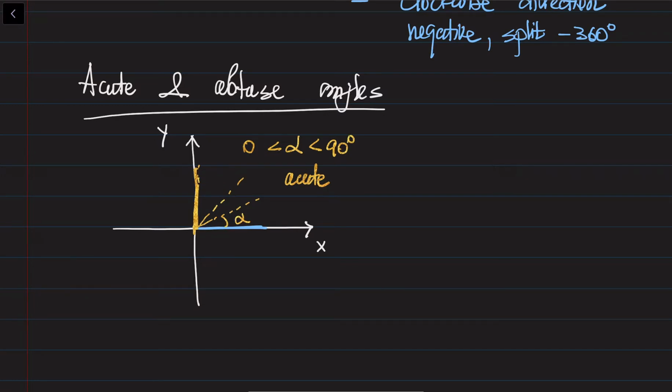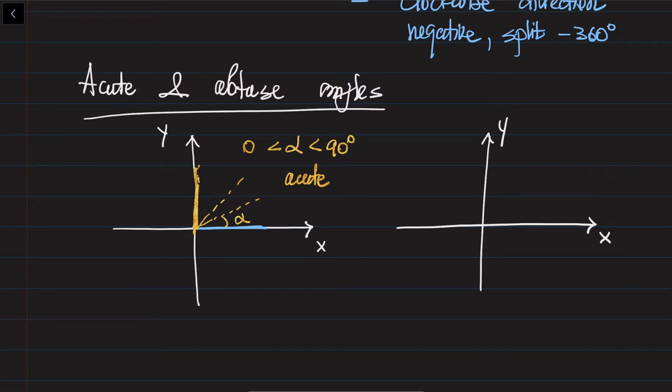And whenever the angle is beyond 90 degrees, so between 90 and 180 degrees, that angle is going to be called an obtuse angle. Later on, when we talk about the trigonometric functions, it's important for us to know what an acute angle is and what an obtuse angle is. So let's say this is x, this is y again.